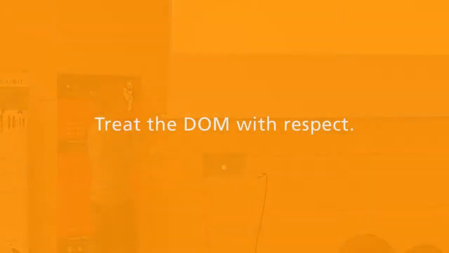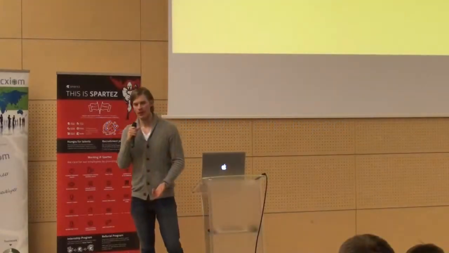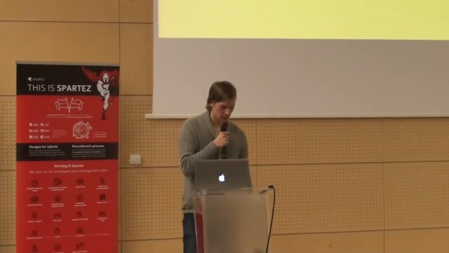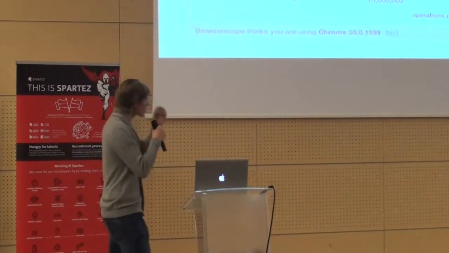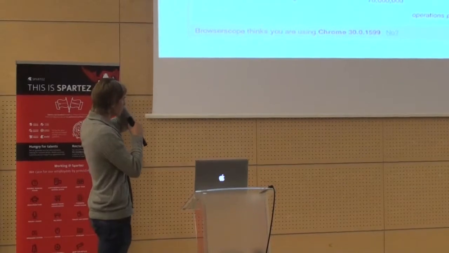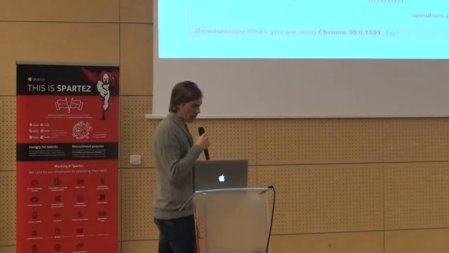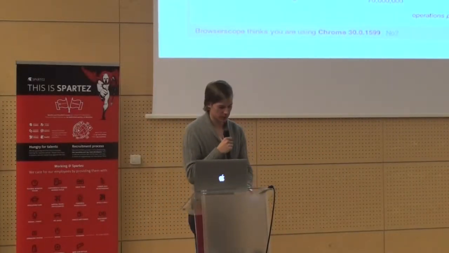The next point is treat the DOM with respect. You shouldn't read values from the DOM if you can read it from a variable in JavaScript instead. I did a benchmark this morning on Chrome 30, you can see it on there. Just reading from the DOM is about 1,000 times slower than reading from a JavaScript variable.